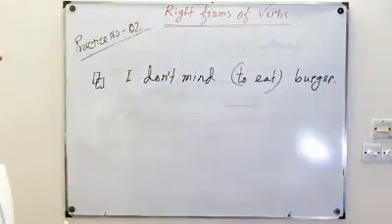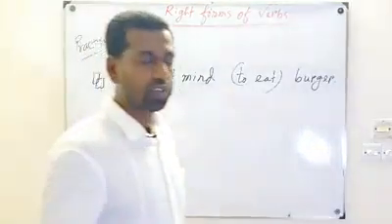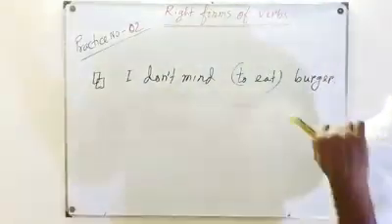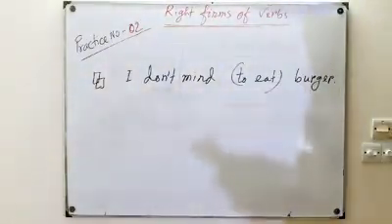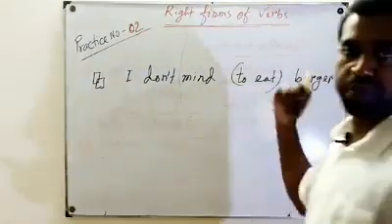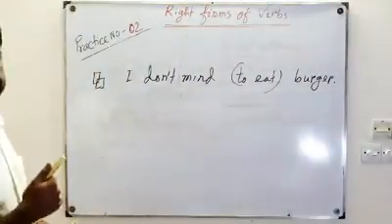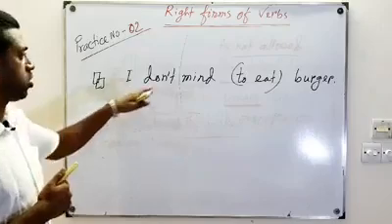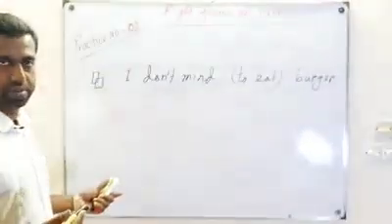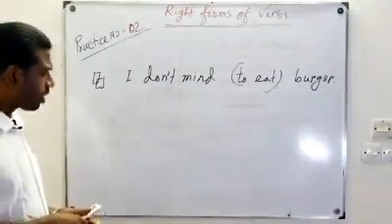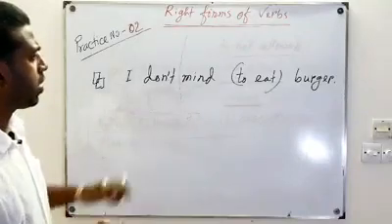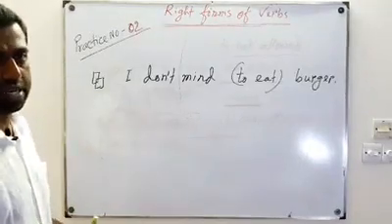I don't mind to eat burger. Clear? Can you change this, or can you correct this statement? Yes, there is a problem here. Okay, and it's related to a rule. I don't mind to eat burger. Clear? So how do we identify the problem of this sentence, right?